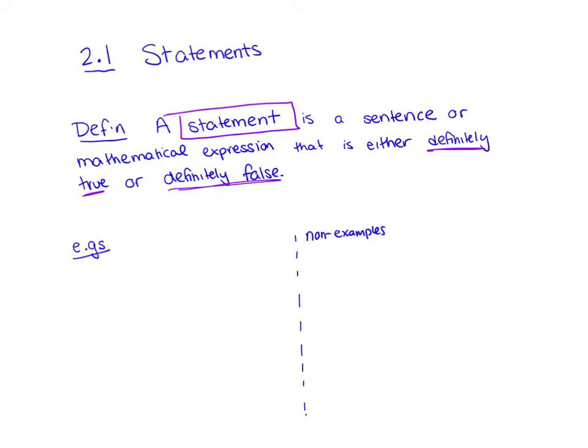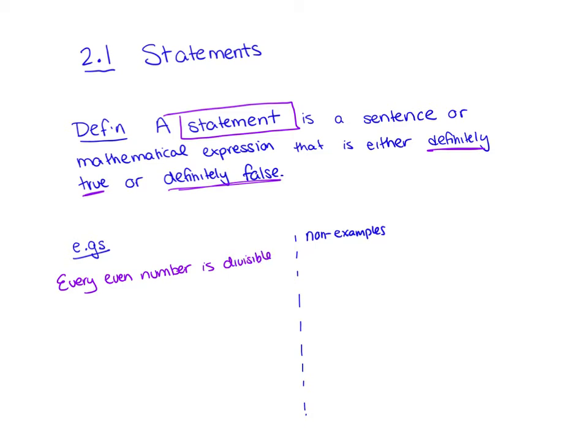So let's go through and give some examples of things that are statements versus not statements. So perhaps you can think of some on your own, and then when you're ready, come back and look at this. So we can say things like a statement, right? Doesn't necessarily have to be true, but has to be provably true or false. So I could say every even number is divisible by 2.